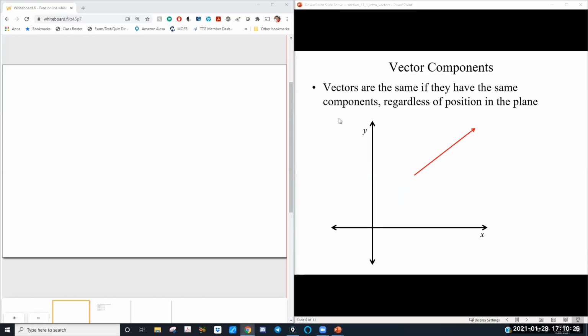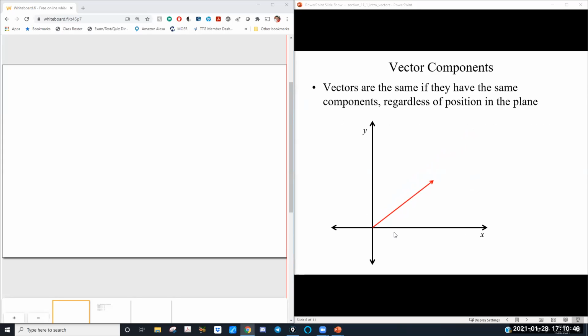So a vector is considered the same regardless of its position in the plane. What that means is this vector here that's, I don't know, maybe two horizontal and 3 vertical units from the origin is actually the same vector as this vector starting at the origin.